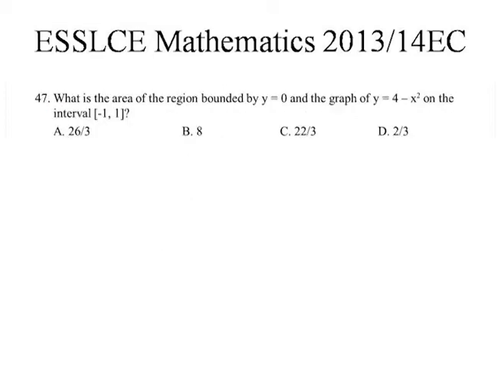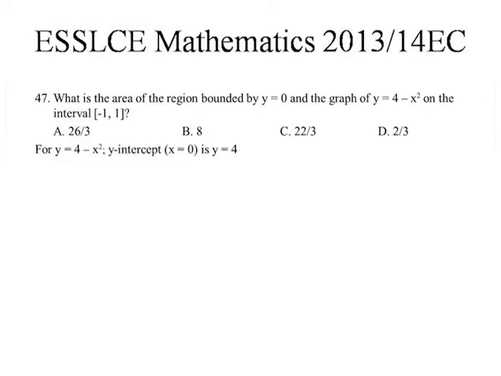Question number 47. What is the area of the region bounded by y is equal to 0 and the graph of y is equal to 4 minus x squared on the closed bounded interval -1 up to 1? Let's draw the graph of the region. Y is equal to 0 is simply the x-axis. To draw the graph of y is equal to 4 minus x squared, let's find the x-intercept and y-intercept.